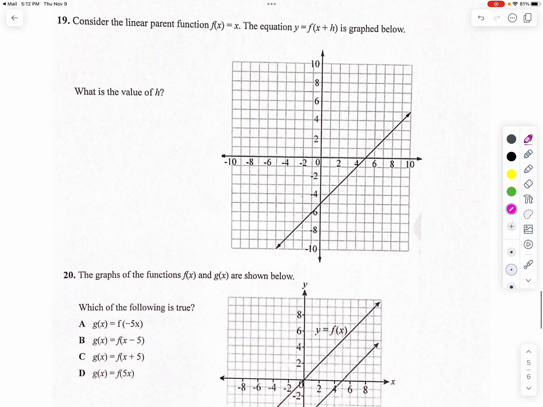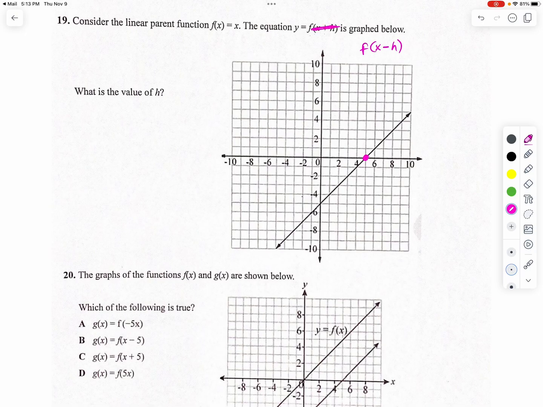For 19, it says, what is the value of H? They gave us this graph. Look right here. Now it says f of x plus h like this. Since it's gone to the right, that means that this is going to be f of x minus h. Technically, I think this is a typo here, right?